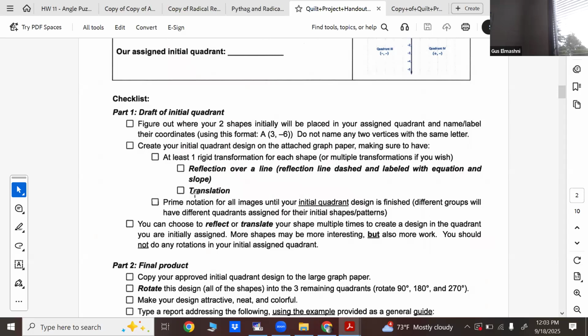So, square, rectangle, or triangle. Okay.